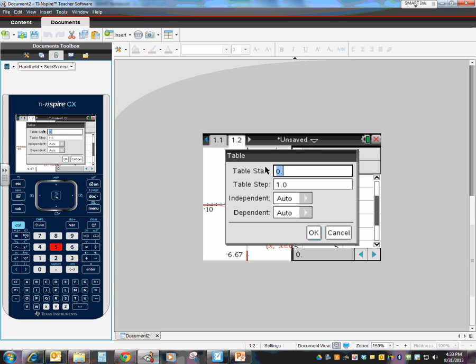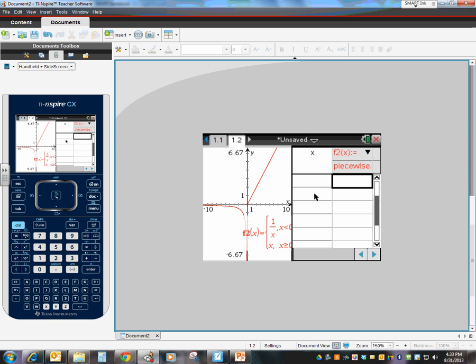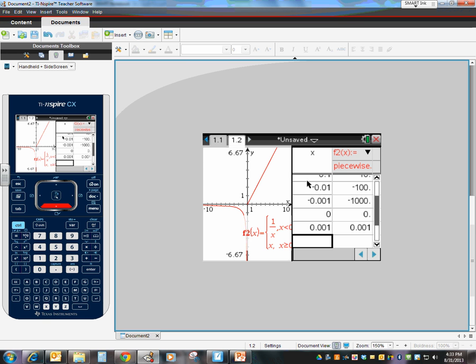And instead of worrying about the table start and the table step, I'm going to click here and choose Ask. That allows me to put in the numbers that I want for x. So we had negative 0.1, negative 0.01, negative 0.001, then we had 0, and we had 0.001, 0.01, and 0.1.